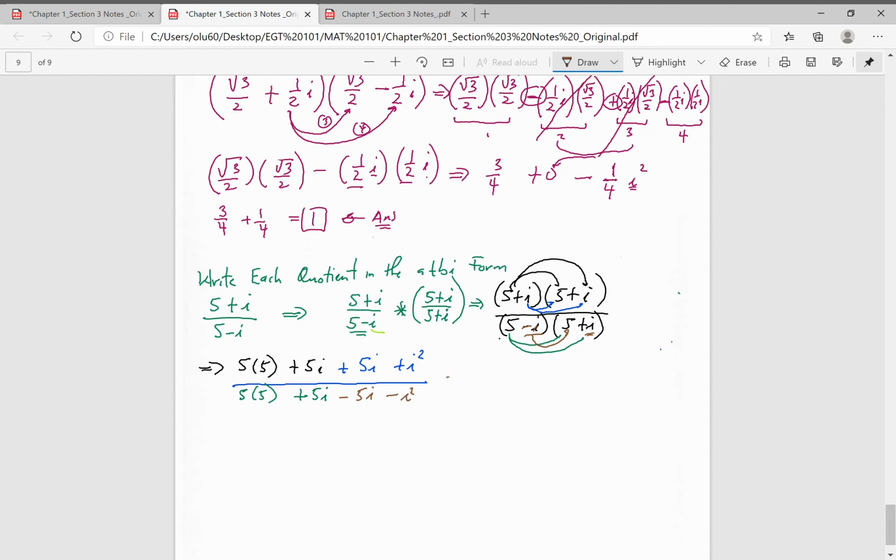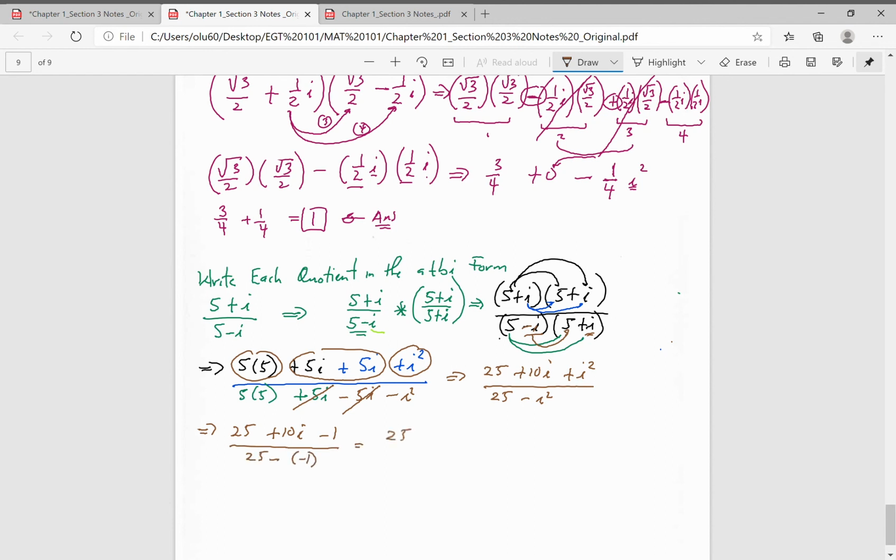When we do the math, this is 5 times 5, which is 25, plus a positive 10i, and then our positive i squared, divided by 25 minus i squared, since the positive 5i and negative 5i cancel each other out. We know i squared is negative 1, so we get 25 plus 10i minus 1 divided by 25 minus 1.